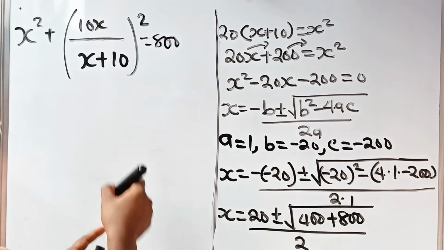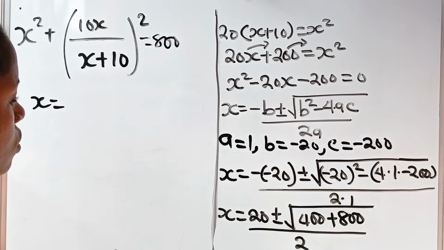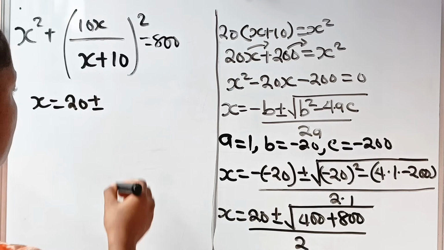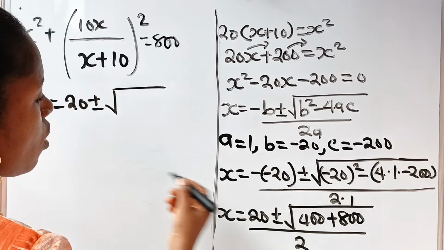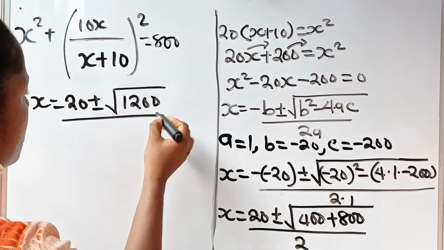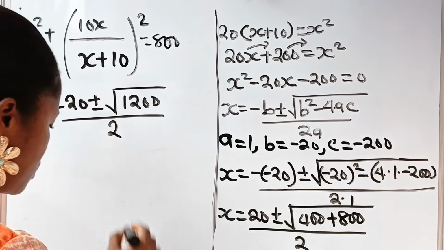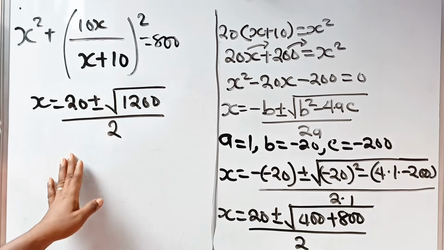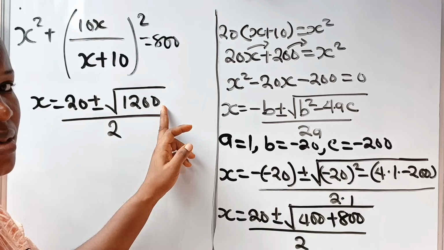Now we have x is equal to 20 plus or minus the square root of 400 plus 800 is 1200, divided by 2. Now at this point we need to simplify this.